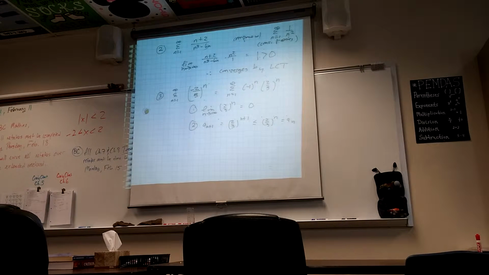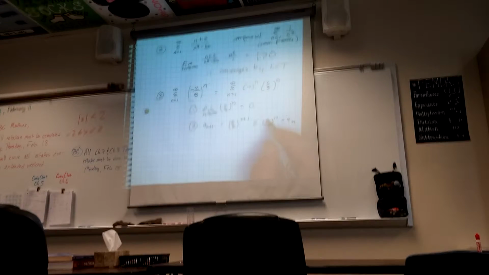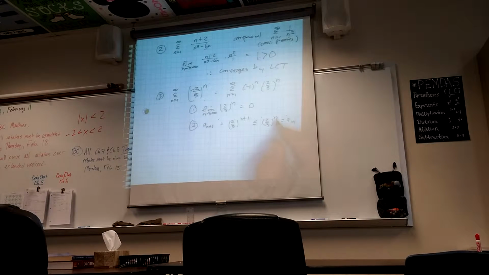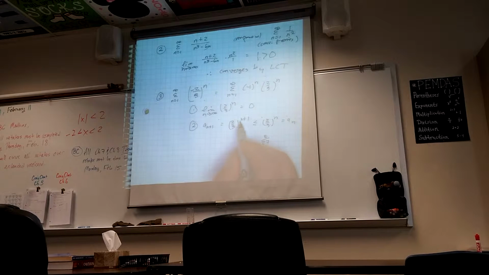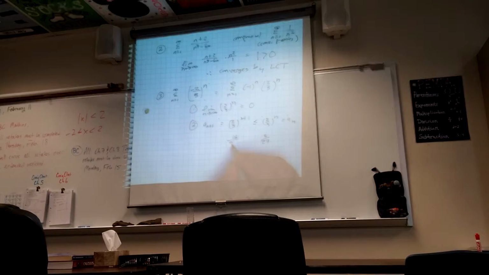Now here, if you're not quite sure, just pick a number. Just pick 3. What's 2/3 to the 3rd power? It's 2 cubed over 3 cubed, 8/27. But over here, I'd be raising to the 4th power, so I would have 16 over 81.